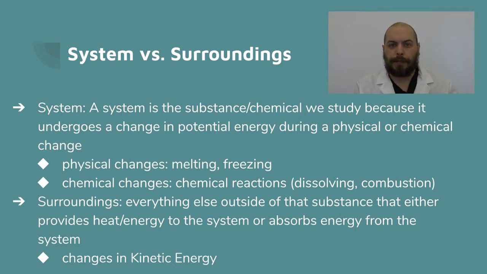Now, the surroundings is anything around the system that is going to be changing in its kinetic energy. So this would be the area or the region or the substances that are absorbing or releasing any energy that's either going into or coming out of the system. So again, the system is going to be mostly changing in potential energy, whereas the surroundings are changing in kinetic energy.